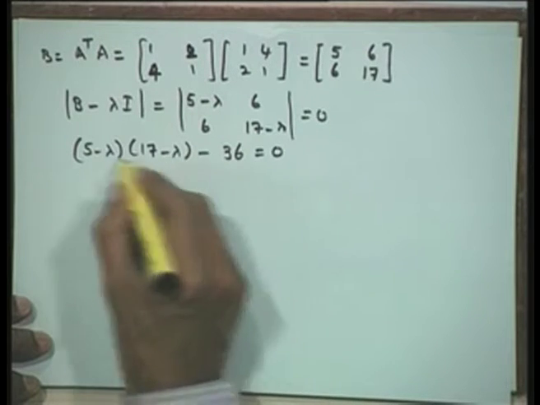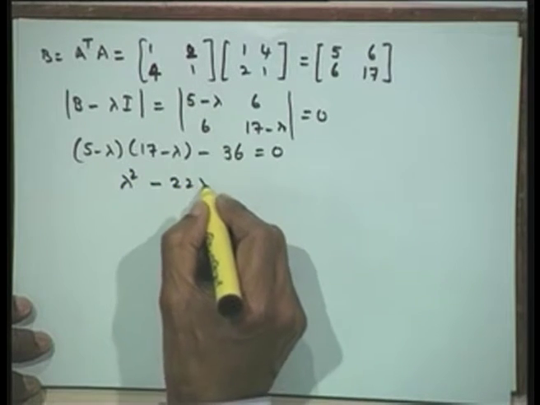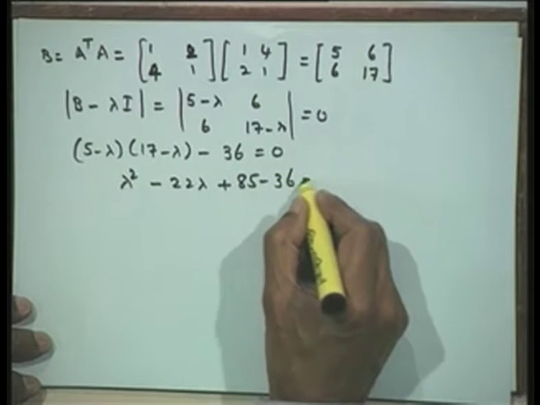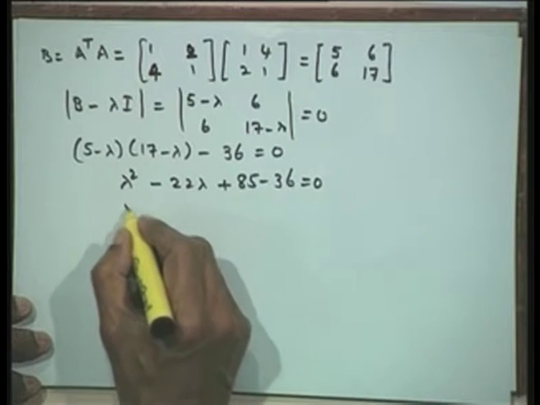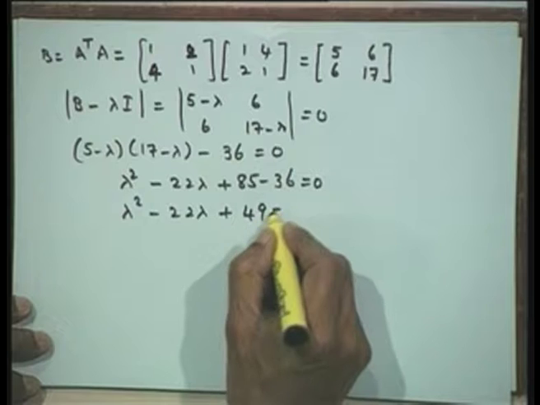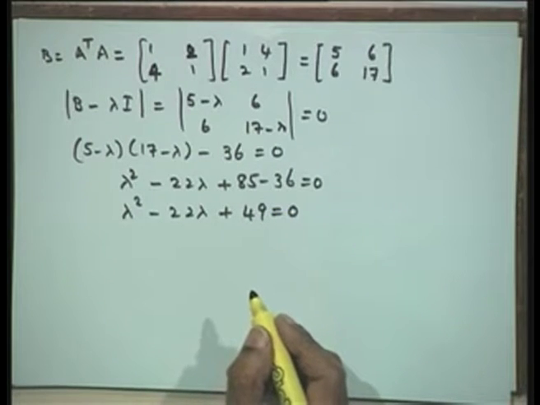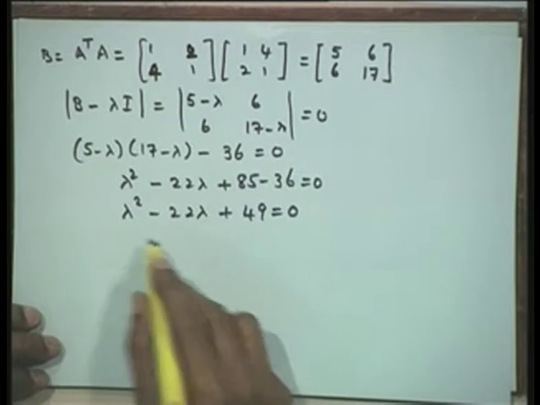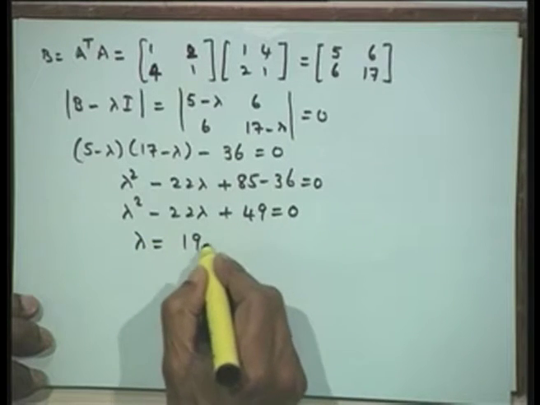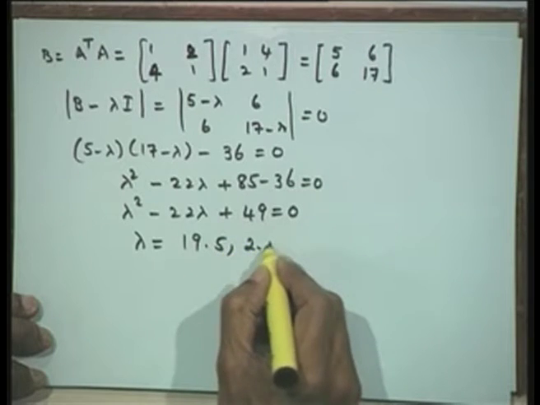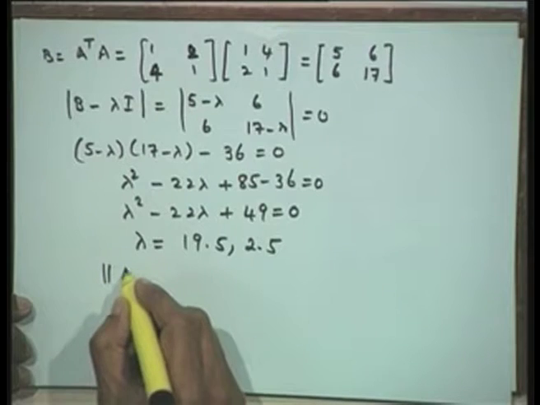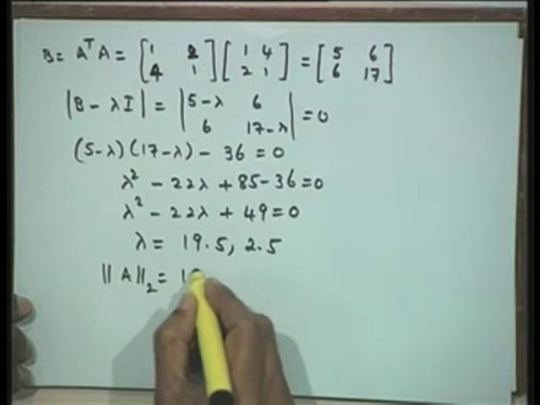I simplify: lambda square minus 22 lambda plus 85 minus 36, which is lambda square minus 22 lambda plus 49 equal to 0. Now, I can find the roots of this quadratic, straightforward. The values are 19.5 and 2.5. So, in this case the spectral norm is the square root of 19.5.